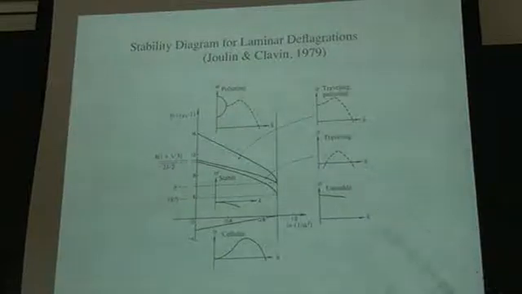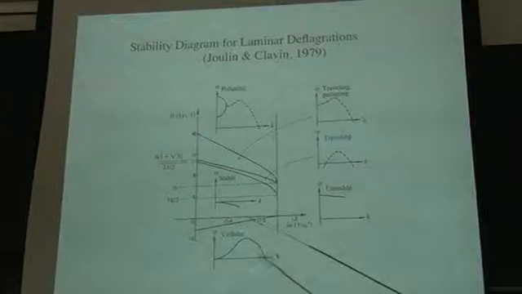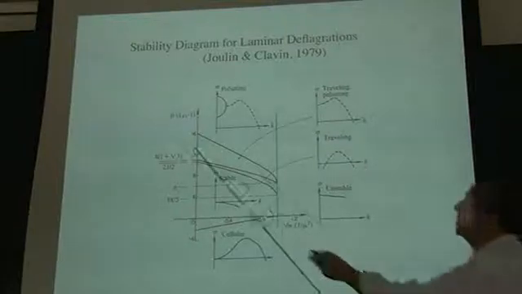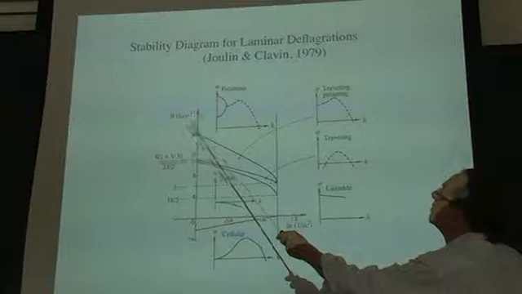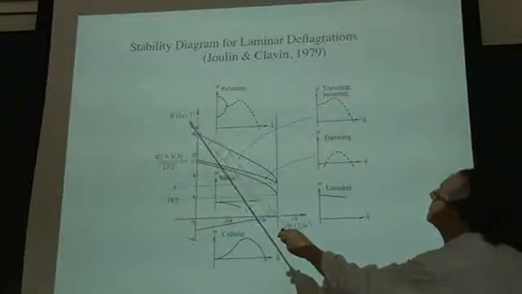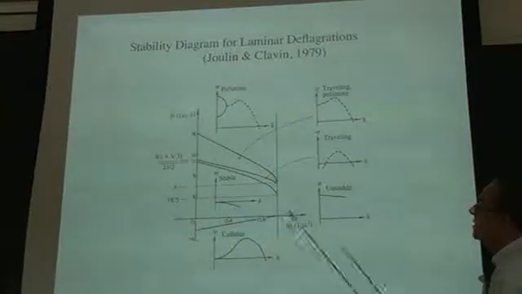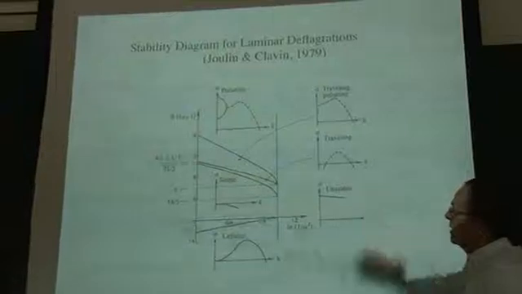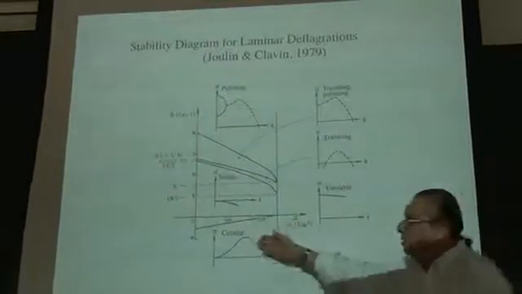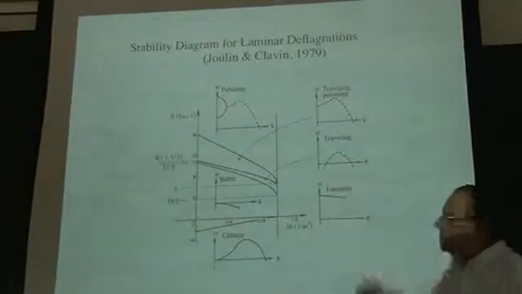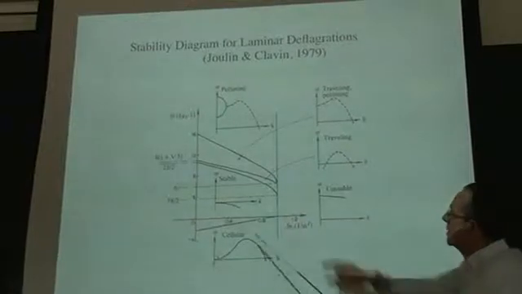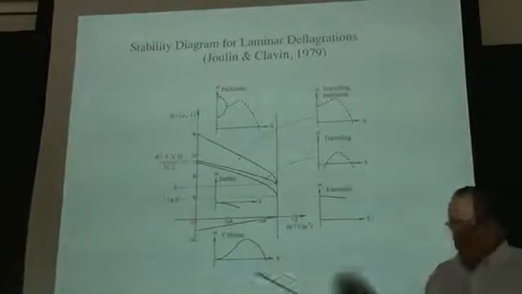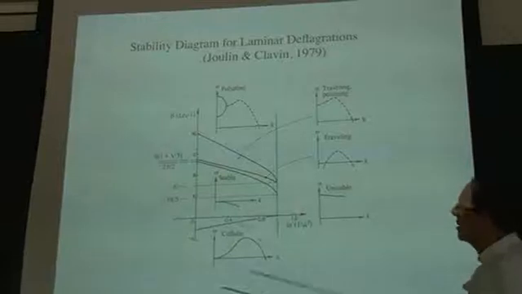Okay, this is Sivashinsky and Cleland's classical stability diagram for a premixed laminar flame, flamelet if you like. Beta is the Zeldovich number, E over RT, Q over CpT, Lewis number minus 1, and so Lewis number equal to 1 is here. This coordinate is heat loss. If you had distributed heat loss, this would increase, and at this point the laminar flame would be extinguished by heat loss.